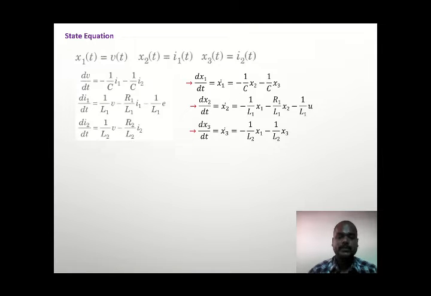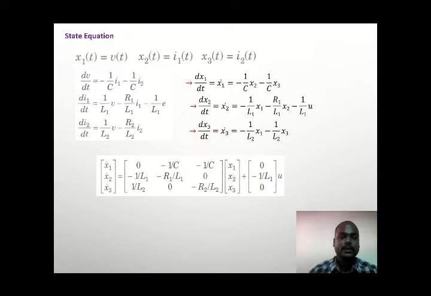When we do this, we can obtain this right side of the equation, where we have dx1/dt equals x1 dot. This x1 dot is equivalent to the first order derivative of the state x1. And in a similar manner, we can obtain dx2 and dx3 corresponding to the variables I1 and I2.